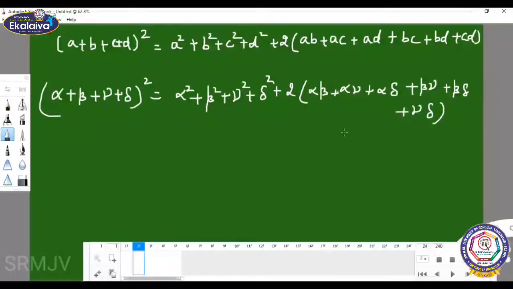So what is the value for this? See here, alpha plus beta plus gamma plus delta equal to 4.